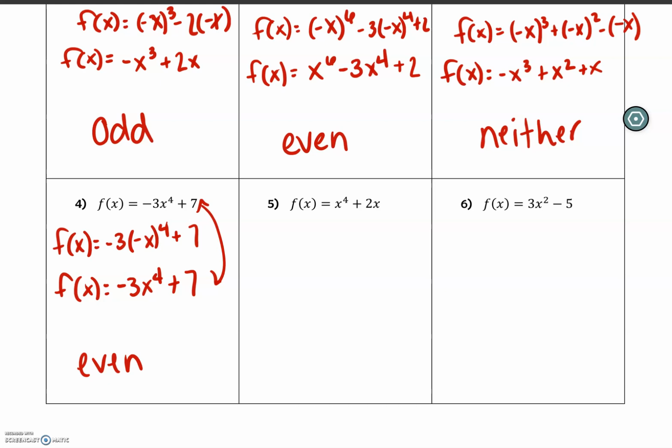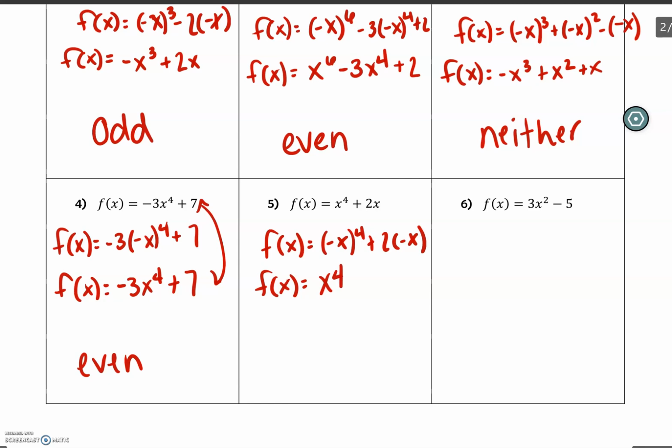Number 5, right away I see an even power and an odd power. So pretty sure that it's going to be neither, but let's just see what happens when we substitute that negative in. Let's keep our work consistent. All right, now that we have that negative in there, if we simplify, a negative to an even power will result in a positive solution.